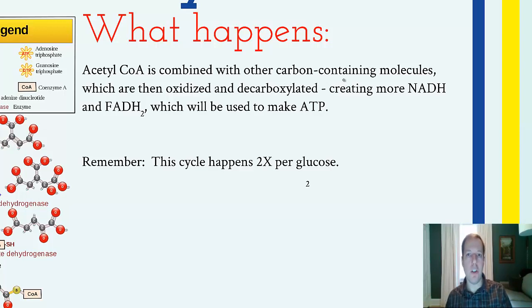That combined larger 6-carbon molecule will then be oxidized, meaning that more electrons are being removed from the nutrient, and it will be decarboxylated, and the decarboxylation will remove carbon, with the whole goal here of being able to produce greater amounts of NADH and a second electron acceptor, which has the same function, though it's a different chemical structure, called FADH2. And together, those electron accepting molecules are going to move on to the next stage. We're also going to make a small amount of ATP, and we'll produce carbon dioxide as a byproduct.